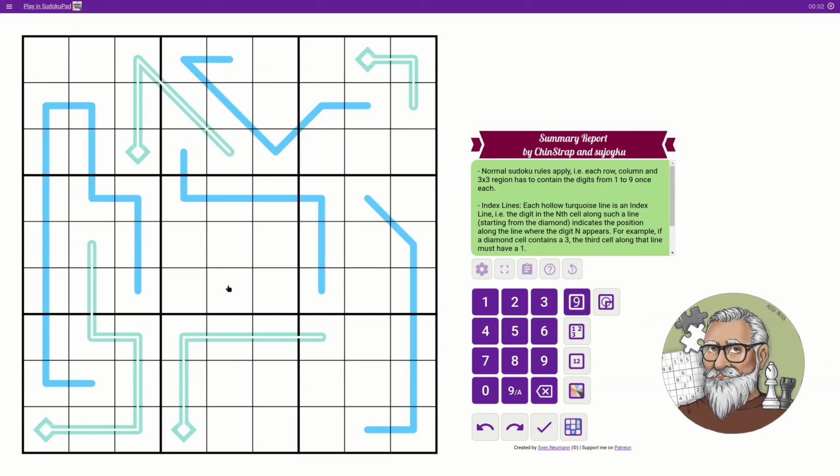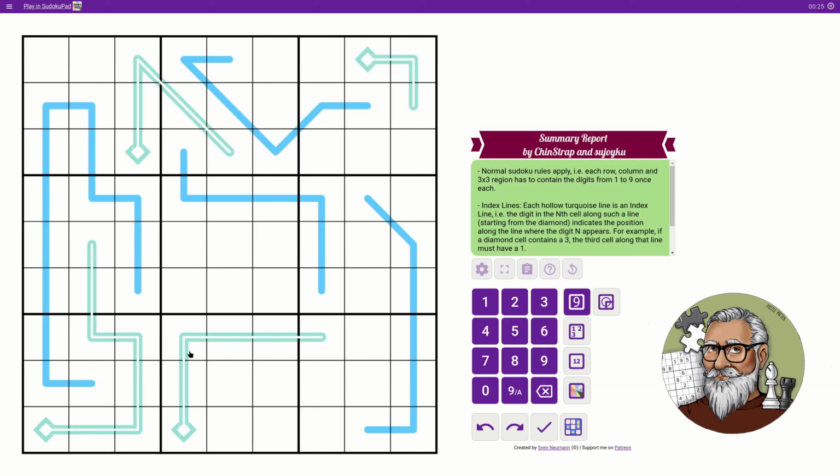Normal Sudoku rules apply. In other words, each row, column and 3x3 region has to contain the digits from 1 to 9 once each. Index lines. Each hollow turquoise line, so these four, is an index line.